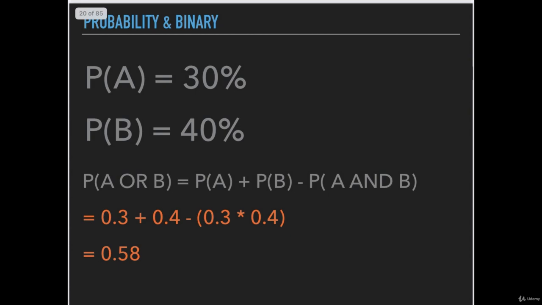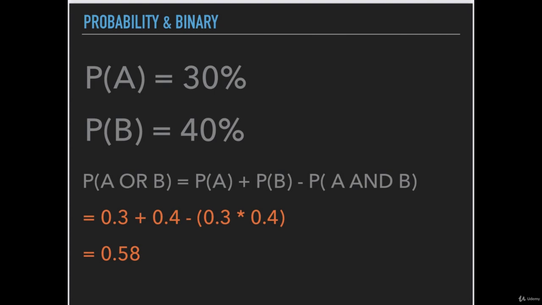Okay? So consider this scenario. P(A) is 30% and P(B) is 40%. If somebody asks us to calculate P(A or B), then we need to know whether we're going to subtract P(A and B) or not. Of course, in this case, they are independent, and it's given to us with some kind of problem.